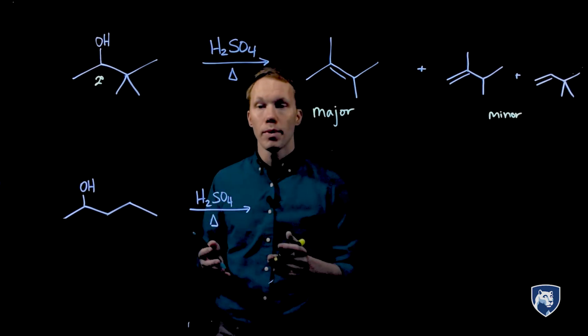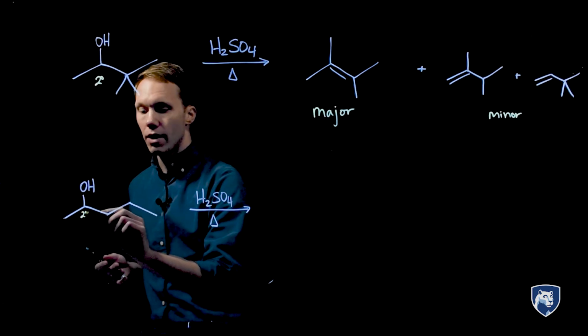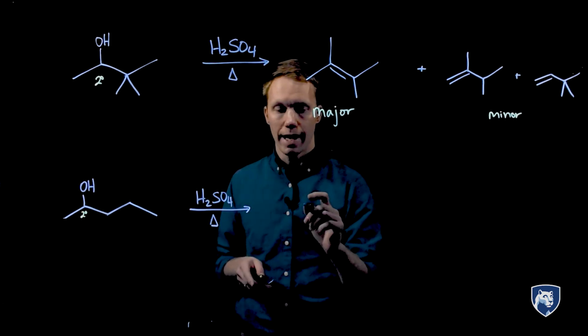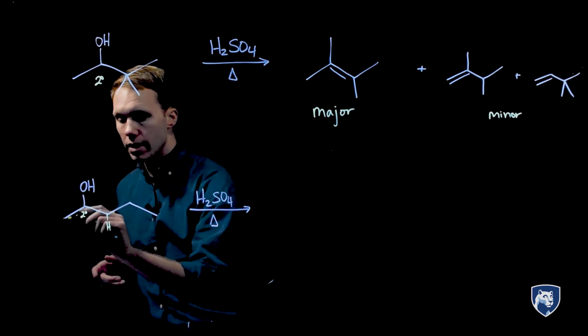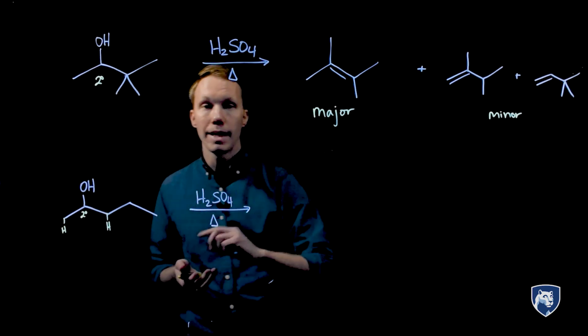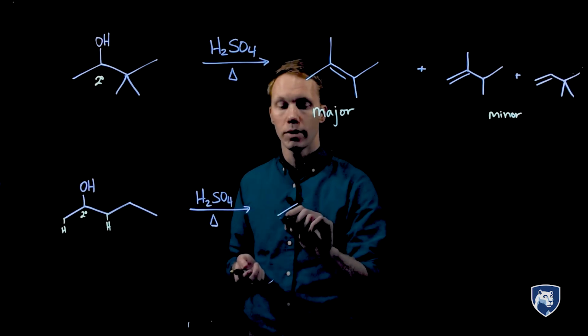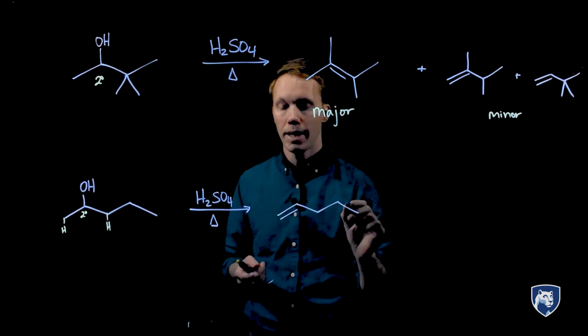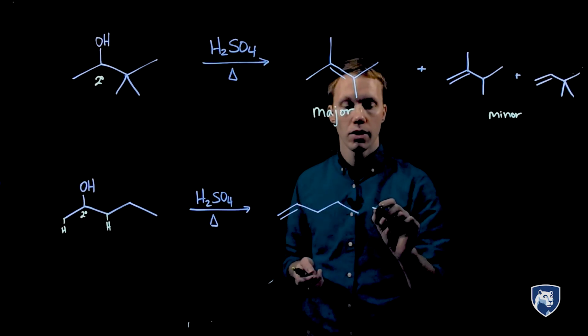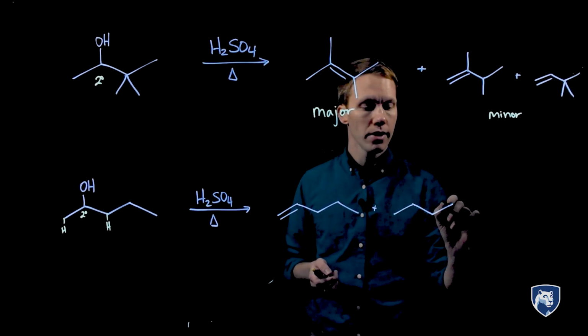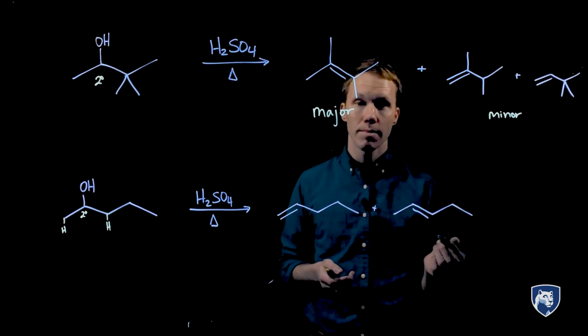In the second example, we're dealing again with a secondary alcohol with strong acid. There are 2 beta hydrogens here, and these 2 beta hydrogens mean that there are 2 possible elimination products. We could eliminate to one side to get the monosubstituted alkene. We could eliminate to the other side to give the disubstituted alkene.